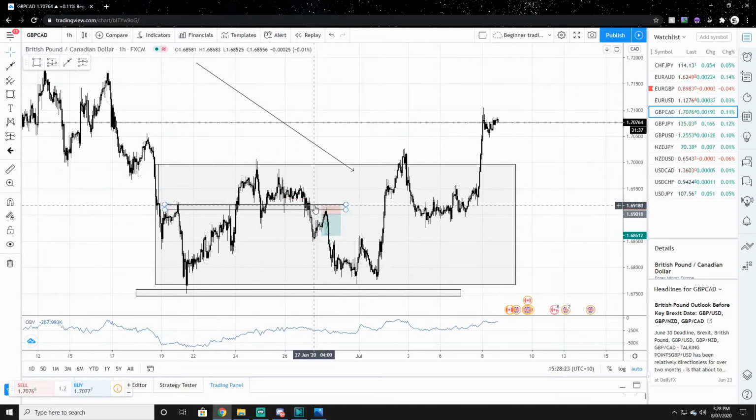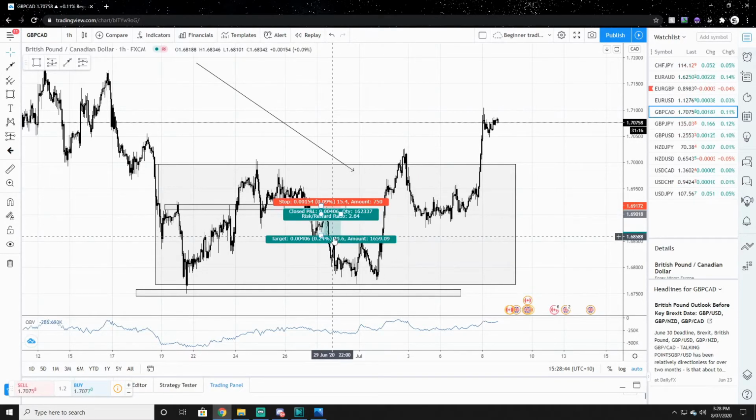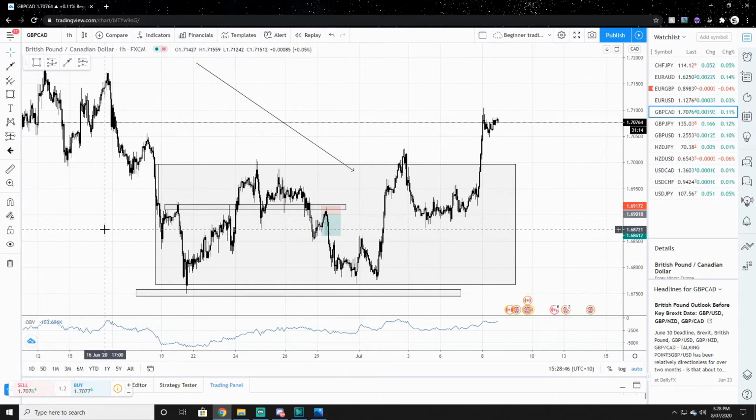So it tests this area, it doesn't break the ceiling, and so I entered in for a sell, so I'm going short. And then I just placed my take profit at this previous structure here, because that's where I just assumed it would go. And then I just placed a sell, and that's it. It's just gone straight down, and so that's how you trade it in a downtrend.